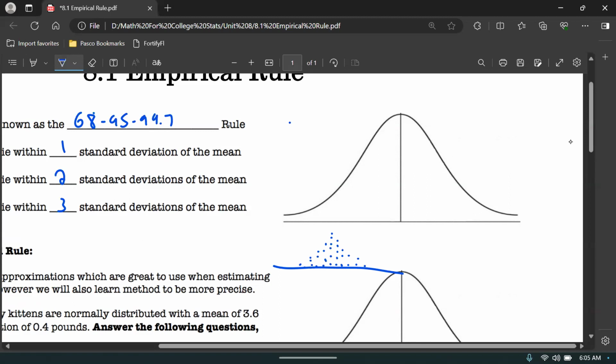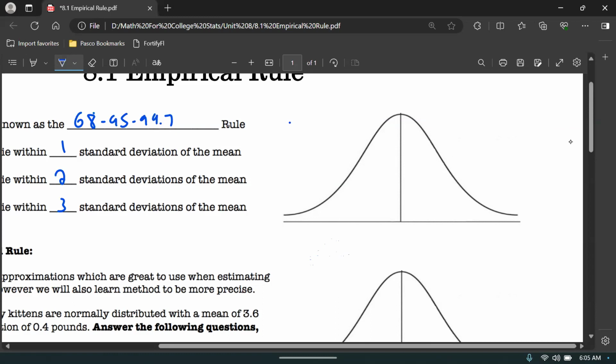They make this overall curve shape, and when it makes that symmetrical shape, we call it a normal distribution. So let's talk about the 68, 95, 99.7 rule and what 1, 2, and 3 standard deviations mean.